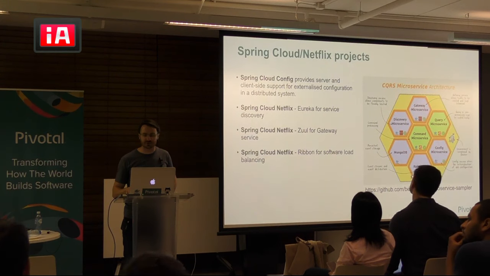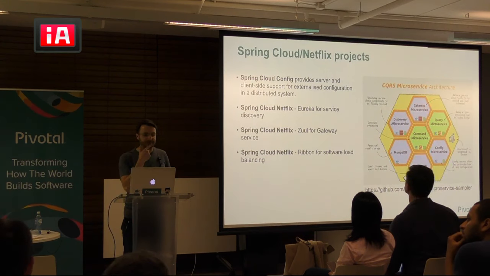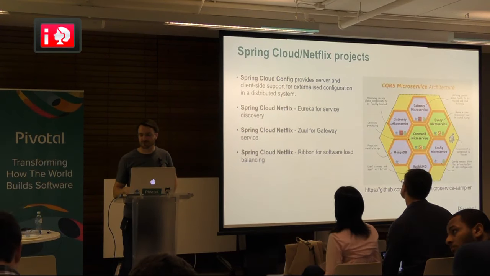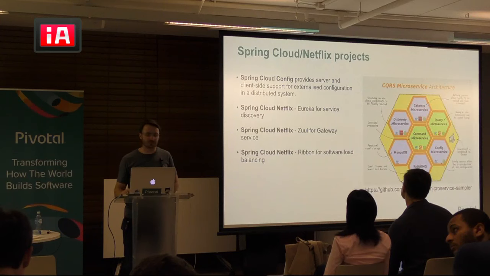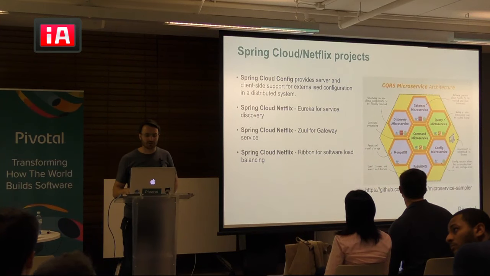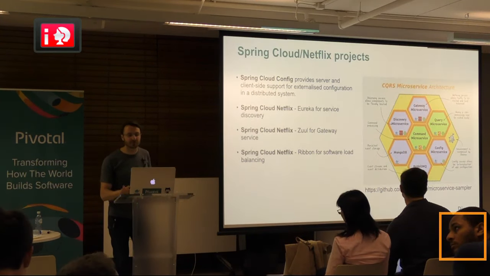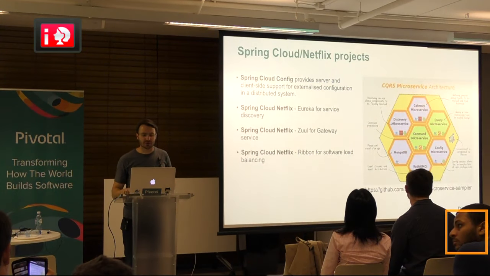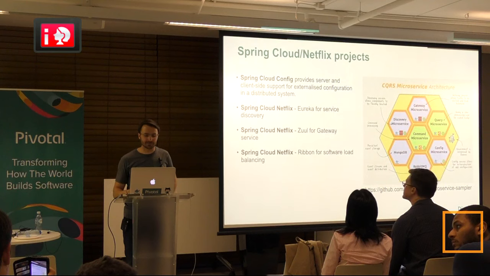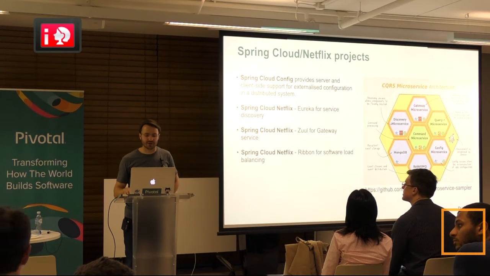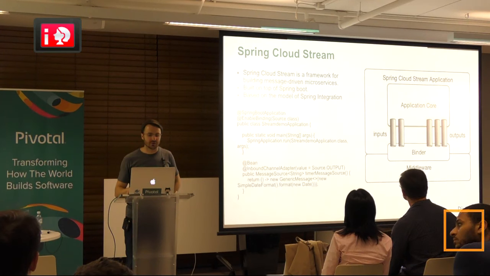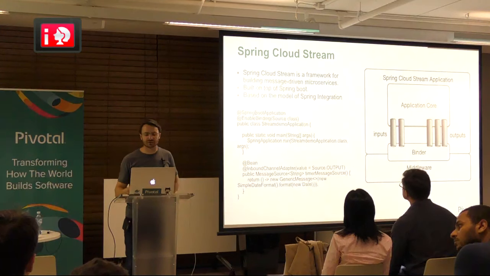In this context, we have Spring Cloud Config, which is a distributed way of configuring your microservices. In the Spring Cloud Netflix stack, we have Eureka for service discovery, Zuul as a service gateway, and Ribbon as a load balancer.